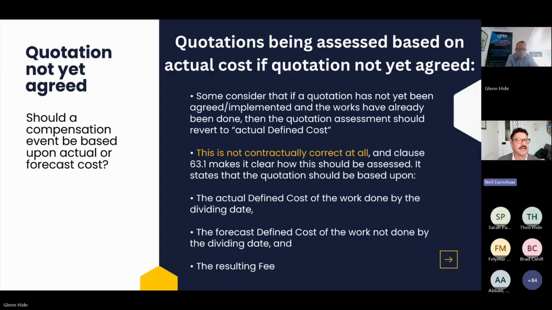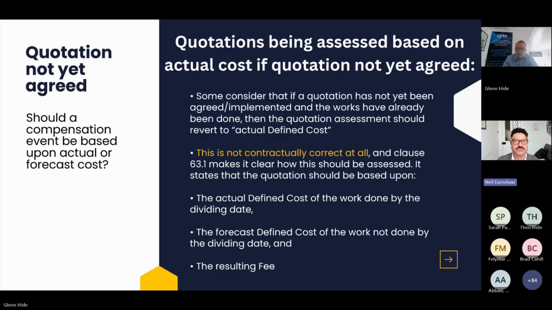Let's not wait until after the event and then we'll base it on actuals. We should be doing it prospectively as time progresses, because we know that before NEC had these rules in it, traditional contracts did everything retrospectively, and we know that doesn't work either, because people then argue about what the actuals are.